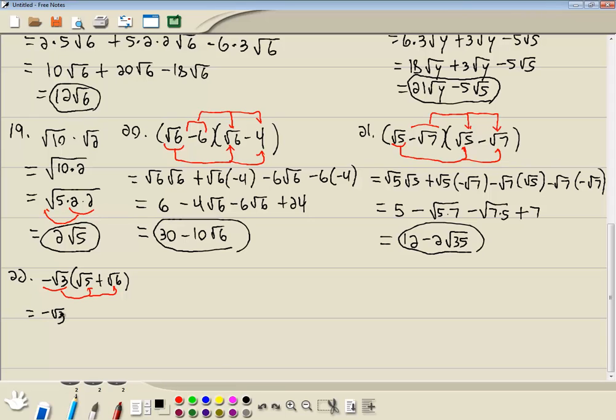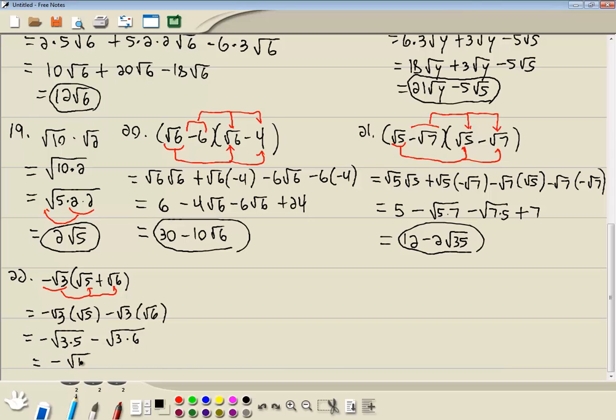So we've got negative square root of 3 times square root of 5 and negative square root of 3 times square root of 6. Now 3 and 5 are both prime, so I can't do any simplifying there. So this is going to be a negative square root of 3 times 5. I'll go ahead and multiply those together in the next step. But this next one we're going to see we can do some simplifying, because we got 3 times 6, and 6 looks like it can break down.